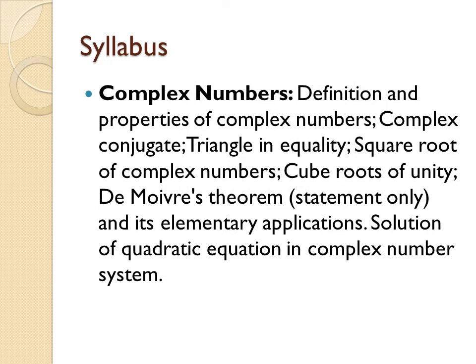The syllabus mentions definition and properties of complex number, complex conjugate, triangle inequality, square root of complex number, cube roots of unity, De Moivre's theorem and its elementary application, solution of quadratic equation in complex number system.